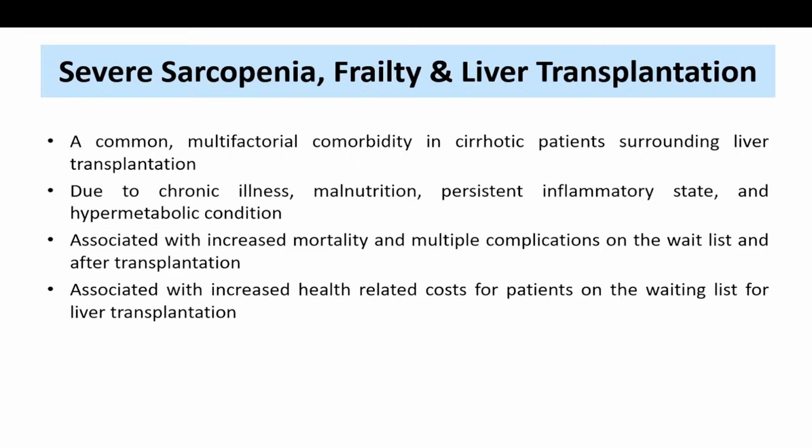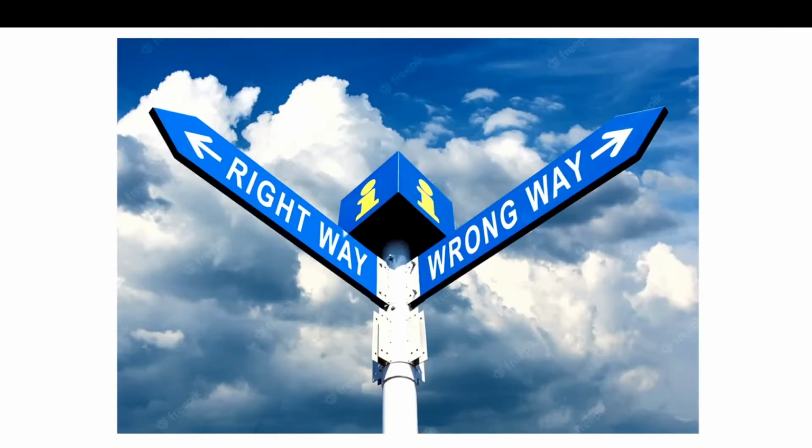But in my very non-biased opinion, I'm very hesitant in taking such severely sick, frail patients who are on the waitlist and just in the ICU, as it appears to me that they may not do well. So there is a right way and there is a wrong way. You have to choose what you want to do in your life. You have to make your life comfortable.